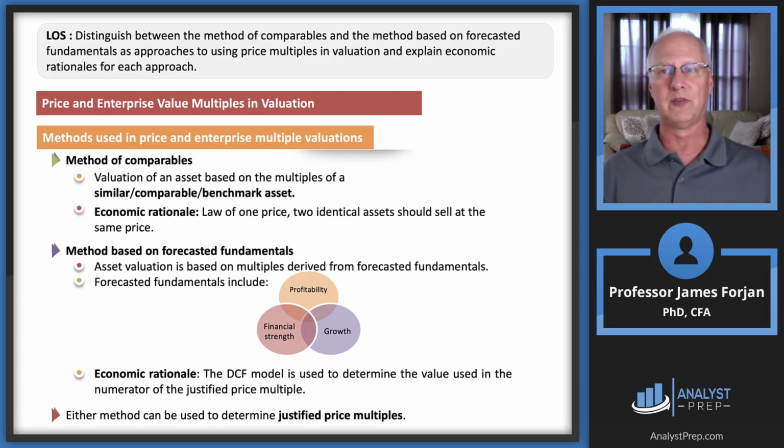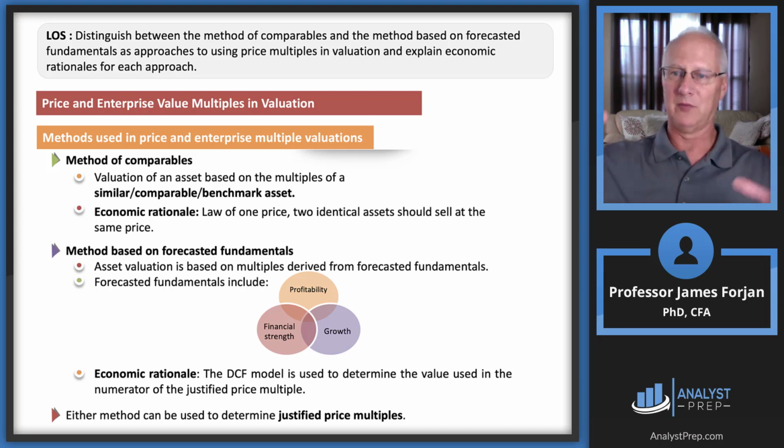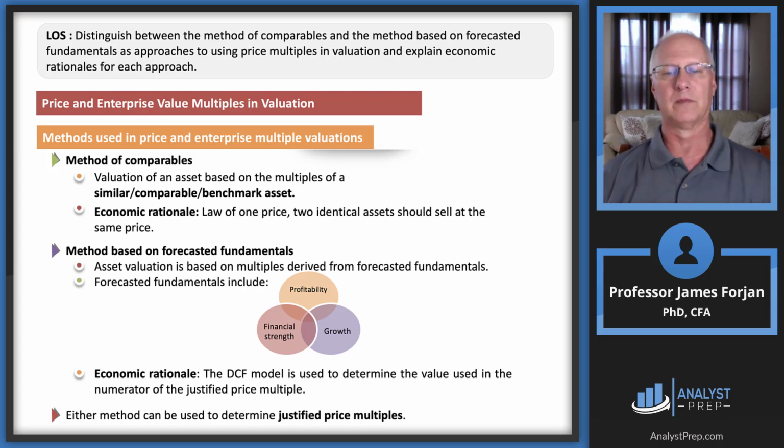What's the goal of the business? Maximize shareholder wealth. Well, how do we do that? We invest in projects that are going to offer a positive net present value, which means that hopefully as we expand, right, goal of the business to brand these product lines, we'll have some growth. And so either of those methods can be used to determine some kind of a price multiple.